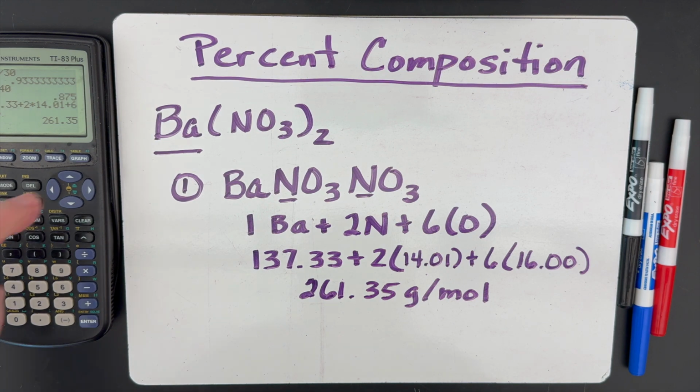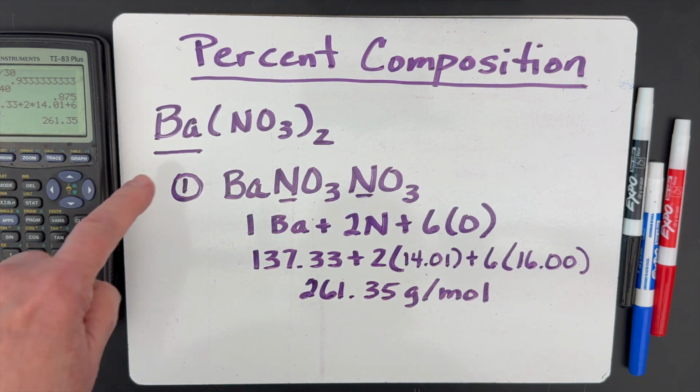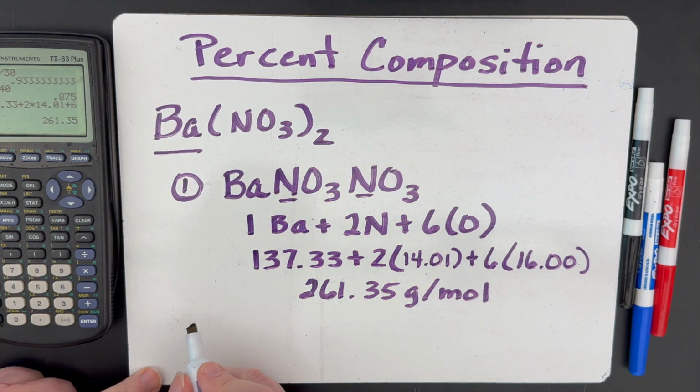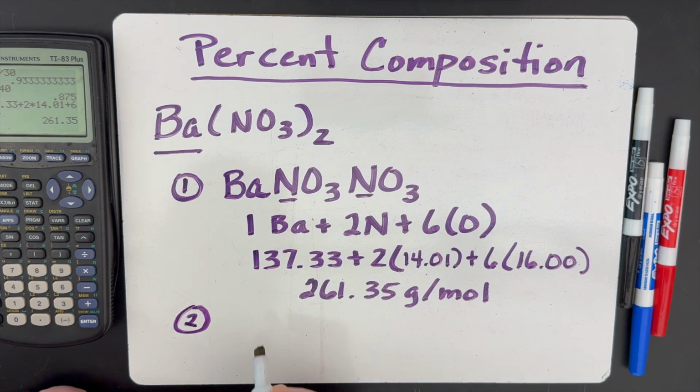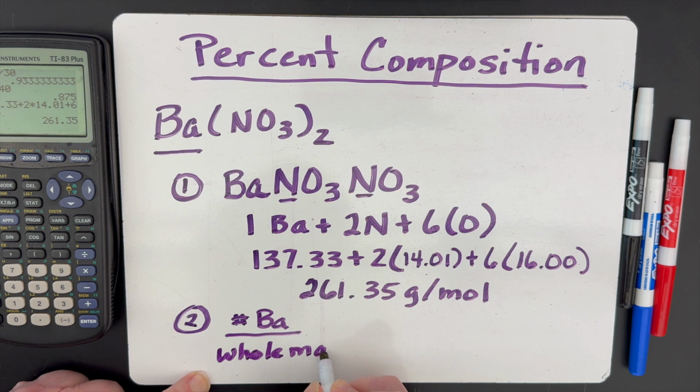We're asked just to find what percent of this 261 grams is taken up by the Ba. So to figure out our percent composition of Ba, we take the number of Ba's times its mass divided by the mass of the whole compound times 100.